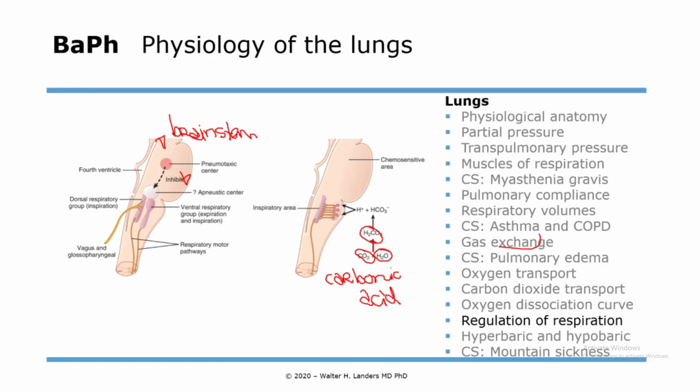And why is that? Well, you have a certain region in your brainstem called the chemosensitive area. And this one is very sensitive to hydrogen ions. But the thing is that hydrogen ions cannot, or can at least poorly, cross the blood-brain barrier.